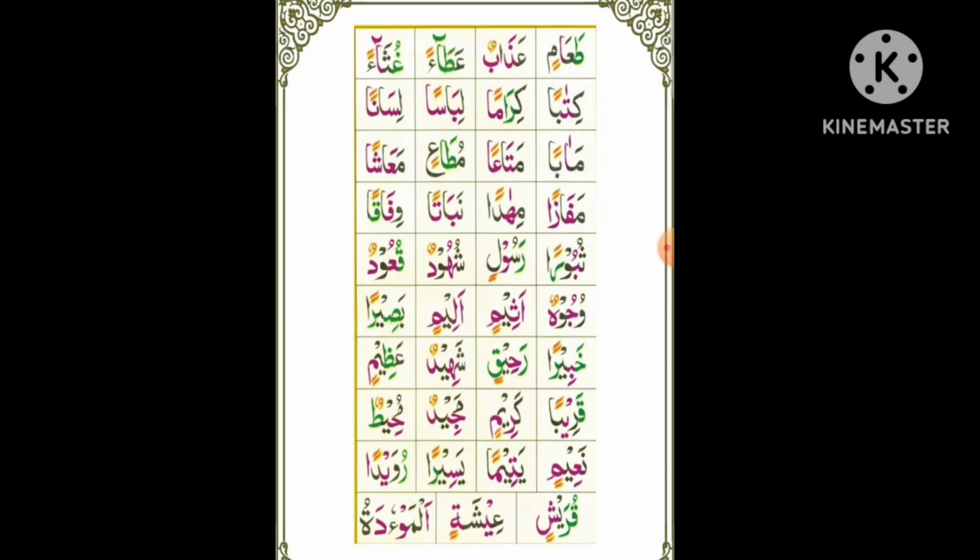Ayn zabar a, ta alif zabar ta, ata, hamzah with two zabar an, ata'an. There is a symbol above the ta, so leave that. Inshallah, I will teach you that in later lessons. Ata'an, ghain pesh ghu, sa alif zabar sa, ghusa, hamzah with two zabar an, ghusa'an.